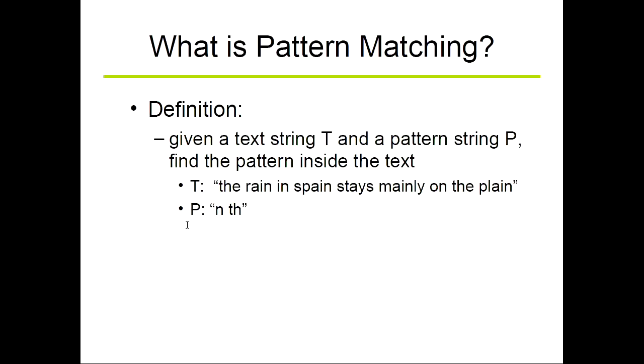So the dummy way is, given a text string T and a pattern string P, which is your search term, you try to search for P in T. Let's say T is "the rain in Spain stays mainly on the plain", and you try to search for "n th", n with a space and th. Clearly, I can see that "n th" is right here.